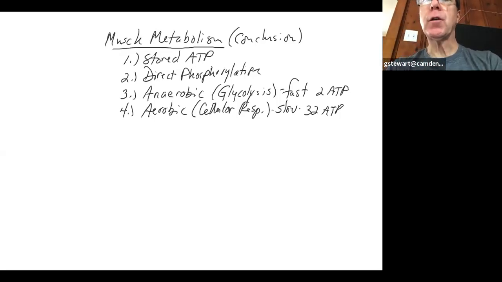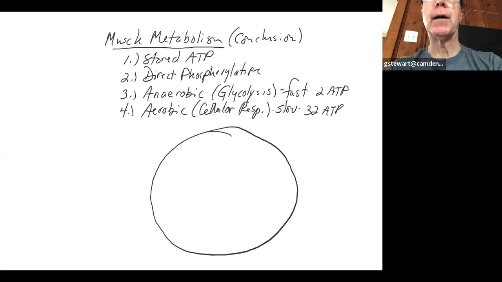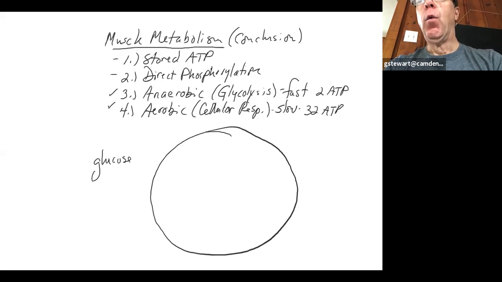So here's a quick picture of everything that happens in that cell. If this is a muscle cell, I'm not going to go through steps 1 and 2. I'm going to go through steps 3 and 4 very quickly again. So if we have glucose that we've ingested, say, it's in our bloodstream, when the glucose molecule gets transported across the cellular membrane, that's really when it first gets broken down.